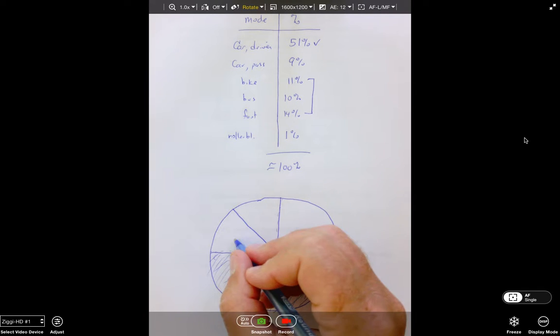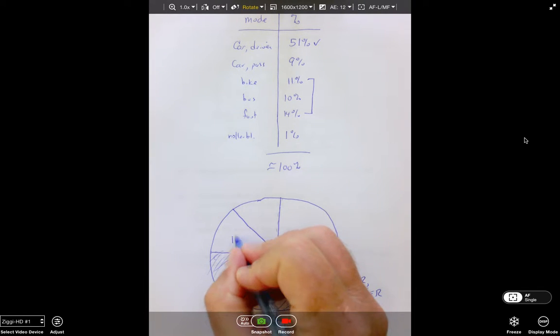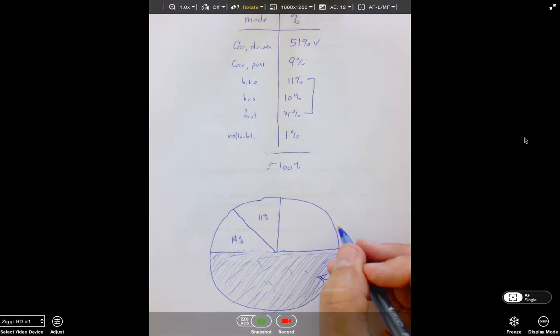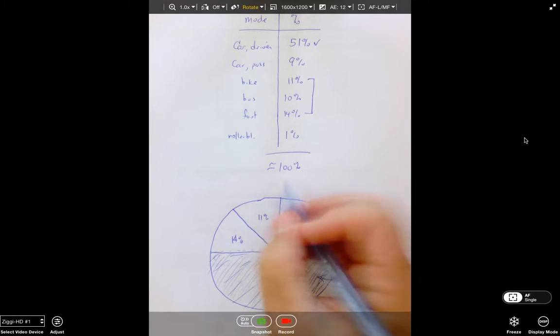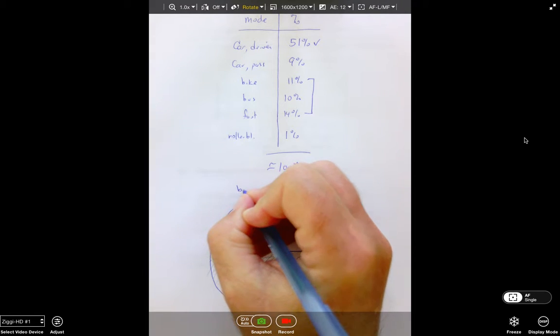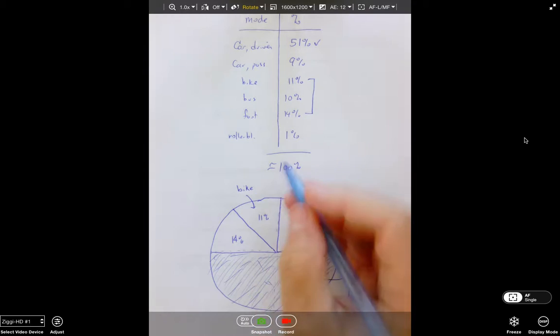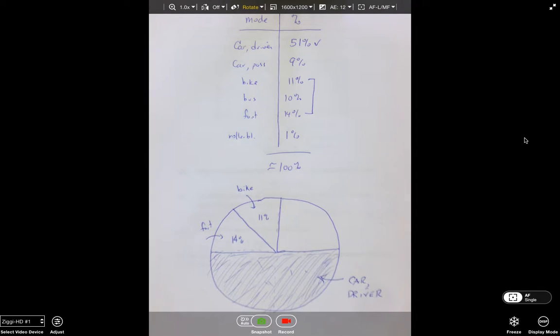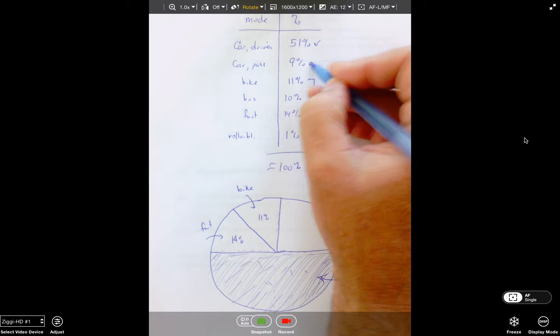So I think this is bigger than that one. So I'm going to let this be my 14% and this be my 11%. And I would come in with some legend again. So the 11 is bike and the 14% is foot.